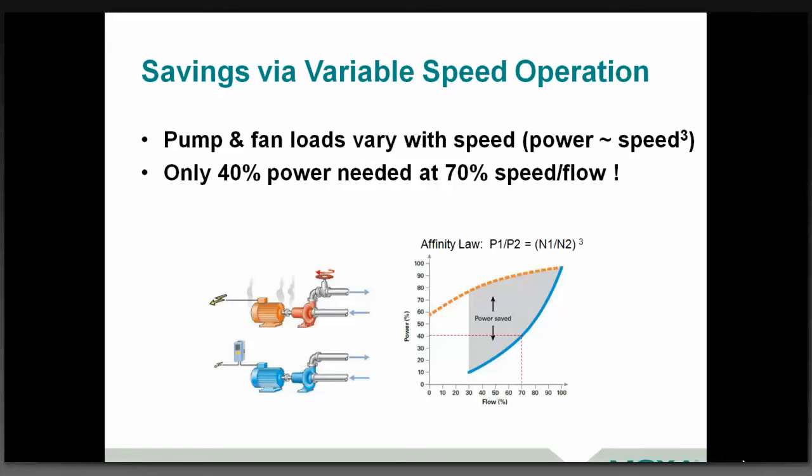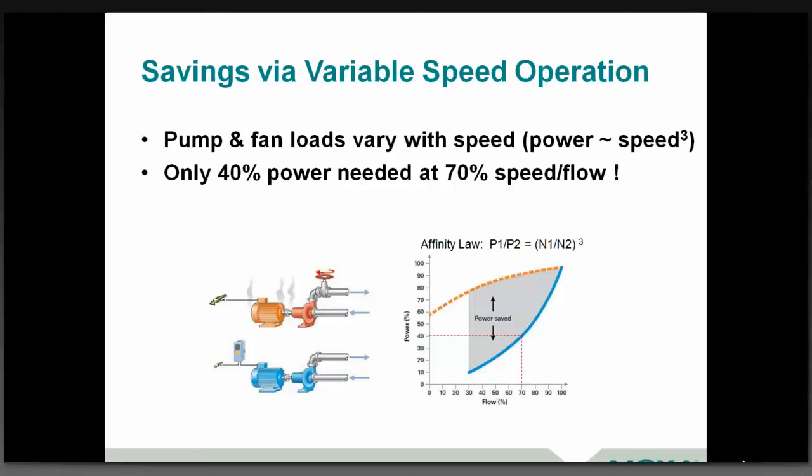Well, one of the things that is really interesting here is what you can do, and I'm not going to get real technical here, but I'm an old industrial automation guy, and I learned about some of this many years ago, and it's kind of amazing. There's something called the Affinity Law, which basically says that if I can reduce the speed on these pump and fan loads just a little bit, the power savings are huge, because the power required to drive these loads is the cube of the speed.